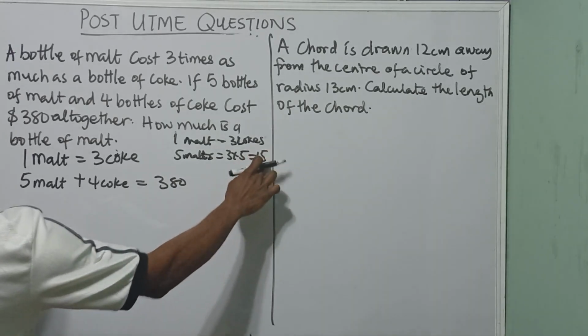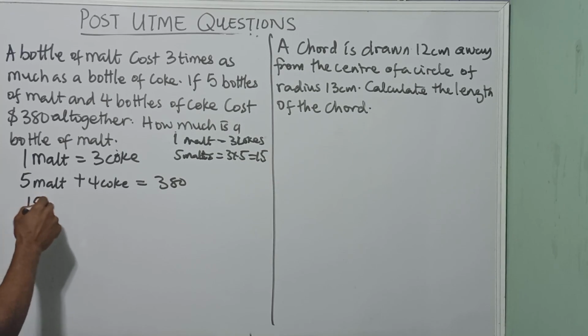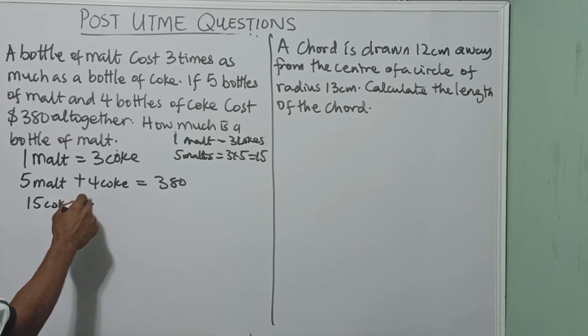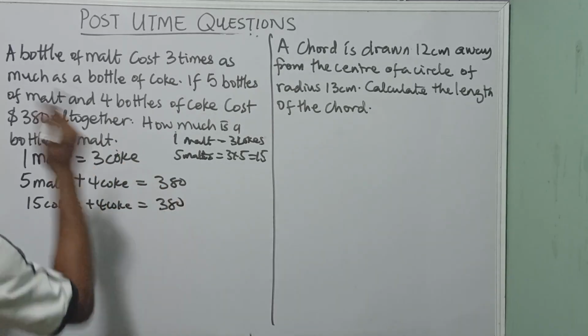Okay? So 5 malts will equal 15 Coke. Inputting it here, we have 15 Cokes plus 4 Cokes equals 380.